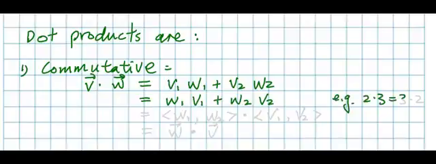For example, 2 times 3 equals 3 times 2. Of course, the result is 6. Then it equals ⟨w1, w2⟩ · ⟨v1, v2⟩. We get this line by going backwards using the definition of dot product. It is the same as vector w dot vector v.